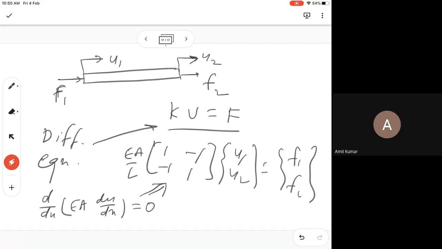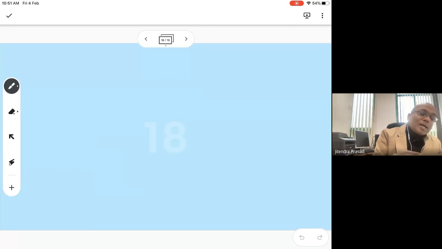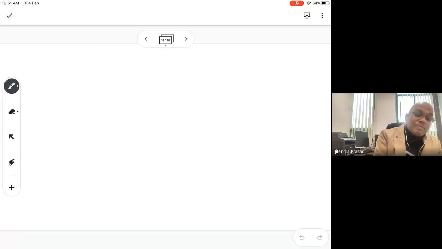Sir, I have a question, sir. Yeah. Sir, here the shape functions that we have taken are linear functions, and in the solution we end up getting u as some function of x. So if we take a shape function of some higher order term, will it be like u is a function of x square or x cube in that case? Yeah. We will see that later on. In that case, what happens?